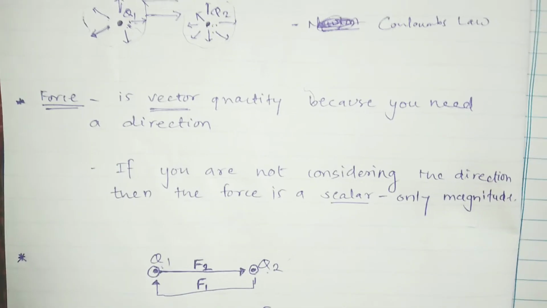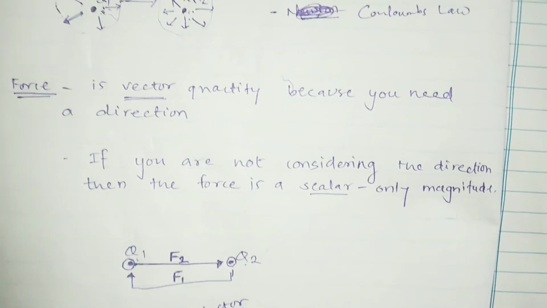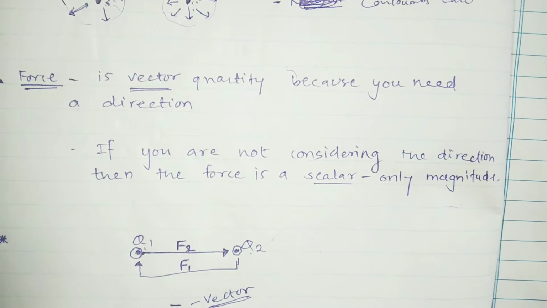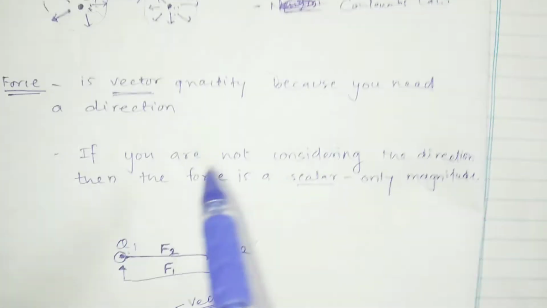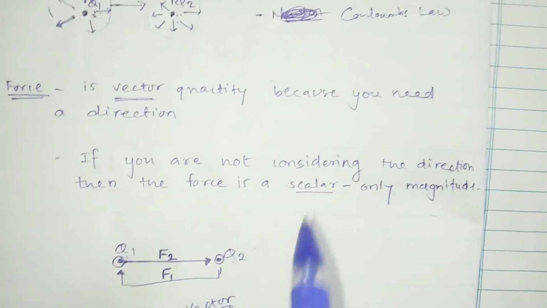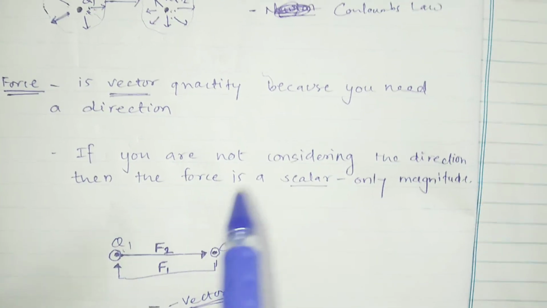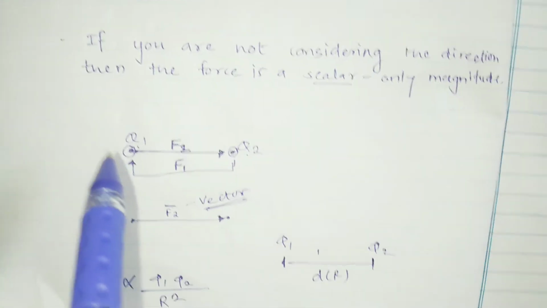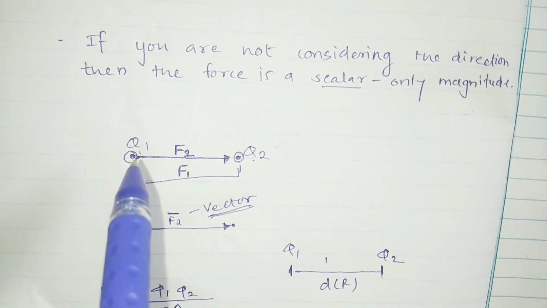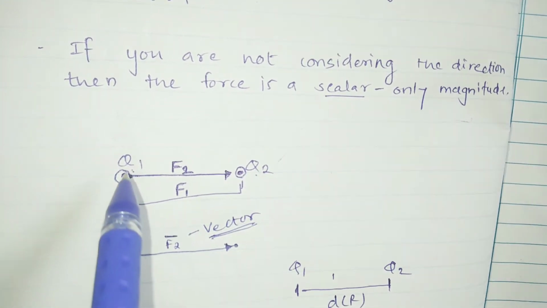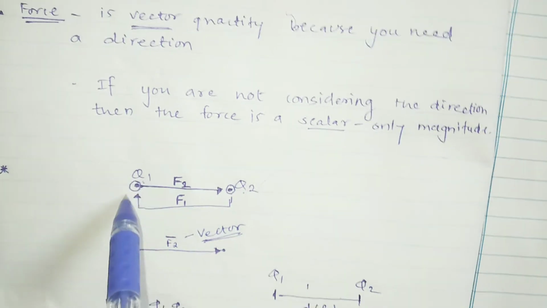So force is a vector quantity because you need a direction in which the force is acting. If you remove direction from force, then it will be a scalar, or only the magnitude remains, right? You can see in this diagram q1 acting the force on q2 indicated by f2, and again f1, right?